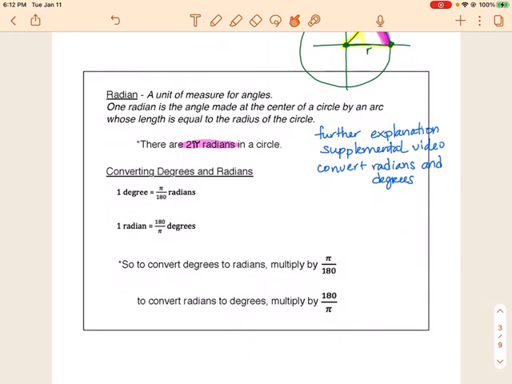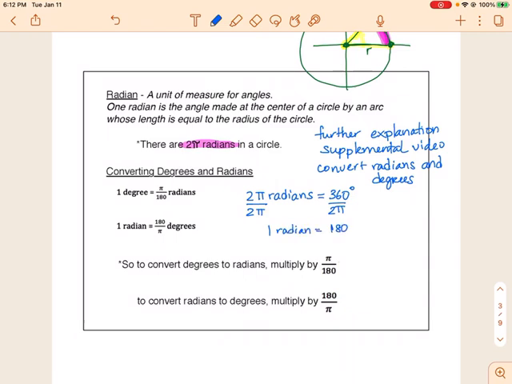So in order to convert degrees and radians, we need a conversion. If I know that 2 pi radians is one circle, and one circle is 360 degrees, then I can come up with a conversion for 1 degree to radians or 1 radian to degrees. So if I want to know 1 radian to degrees, I would divide both sides by 2 pi.